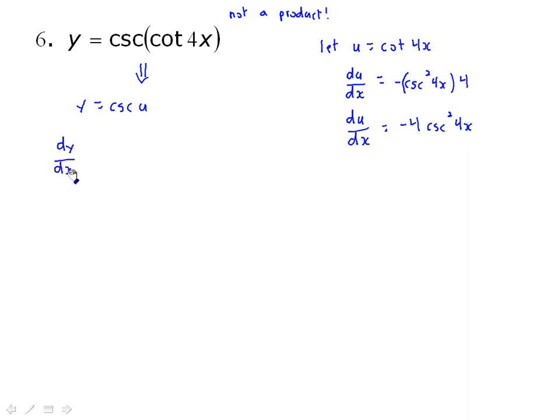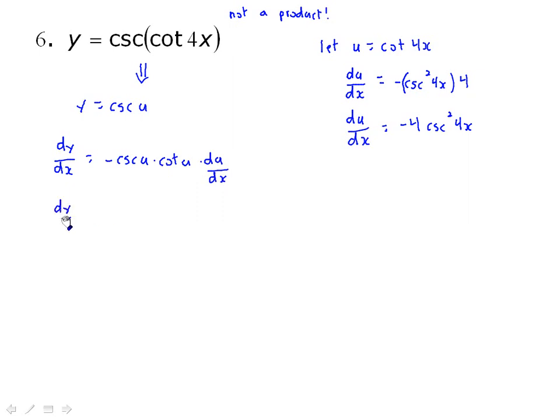Now dy dx is going to be equal to the derivative of cosecant u. So we see that that's equal to negative cosecant u multiplied by cotangent u, but then also times du dx, the derivative of the inner. So that's using the chain rule properly.